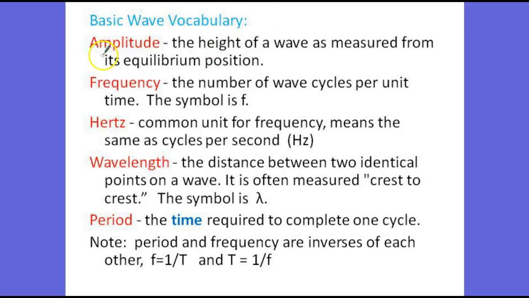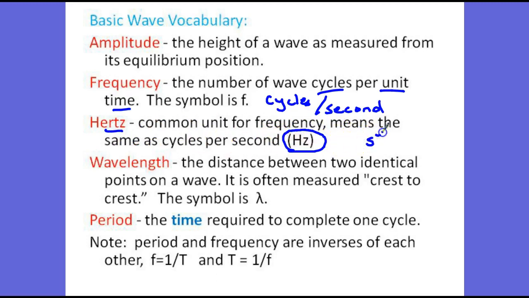Basic wave vocabulary. Amplitude is the height of the wave from the equilibrium position. Frequency is the number of wave cycles per unit time, or cycles per second generally. A cycle per second is also called a hertz. The hertz is the unit for frequency, and that means cycles per second.